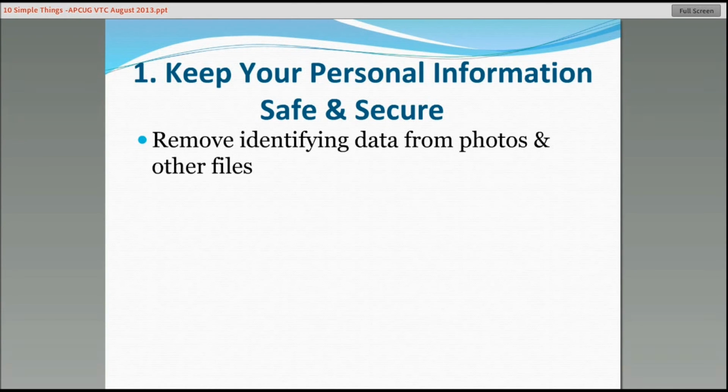Okay. You might want to think about removing the identifying data from your photos and other files, especially if you are posting information up on Facebook. Your children have just had a new baby, and you've been over to their house taking a gazillion pictures, and you upload the photos to Facebook or any place else.